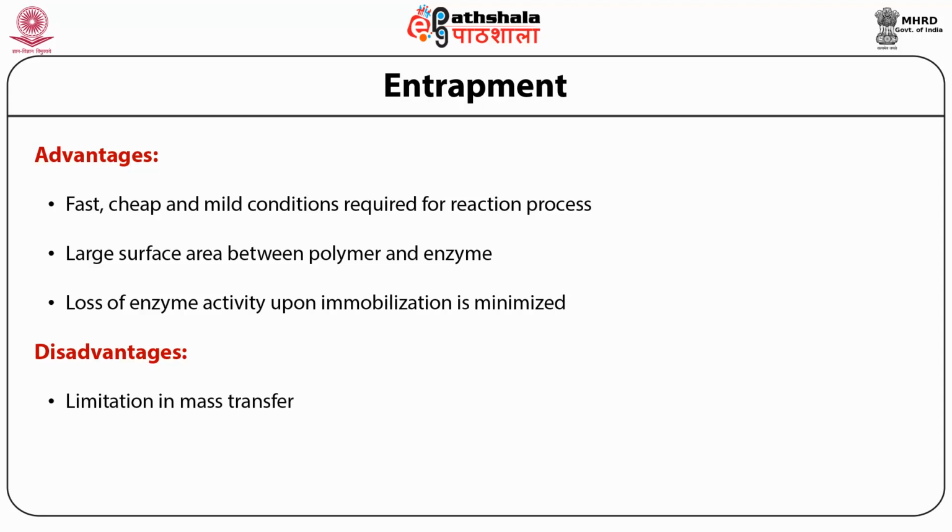It has limitation in mass transfer, and there may be chances of enzyme inactivation after the encapsulation, because once it is encapsulated, there is more chance to undergo enzyme inactivation. In other words, during the process of encapsulation, there may be loss of enzyme activity.